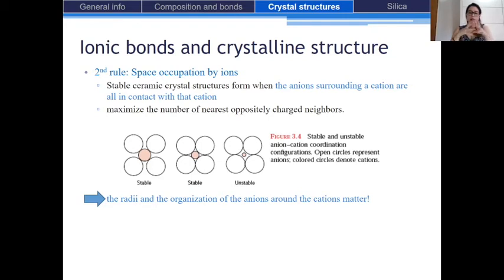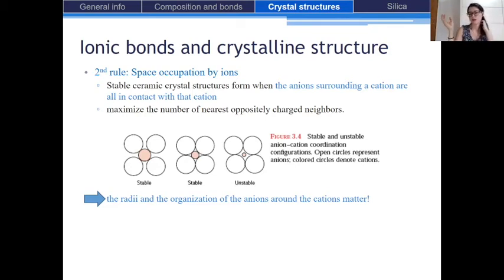And in these three representations, the first two cases respect this rule to get anions directly in contact with cations. So these two representations will be stable, whereas in the last one, we don't have a close contact between the anions and the cation, so it is an unstable configuration.